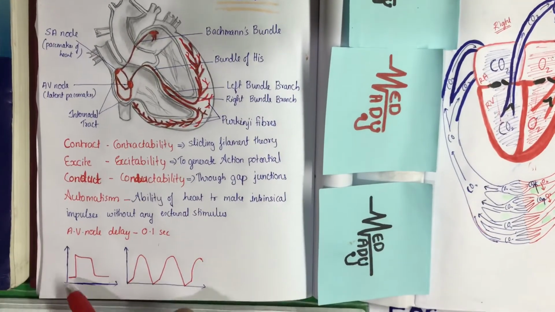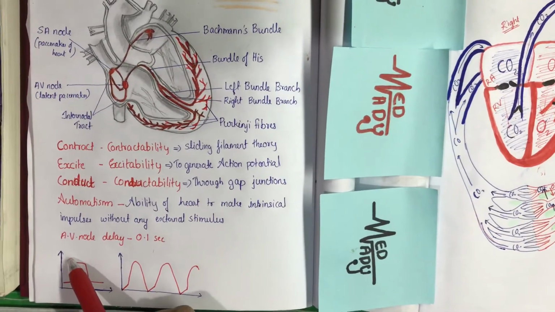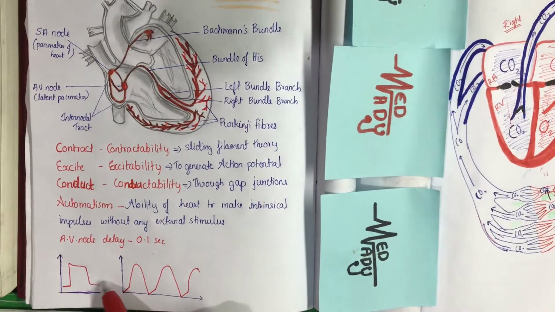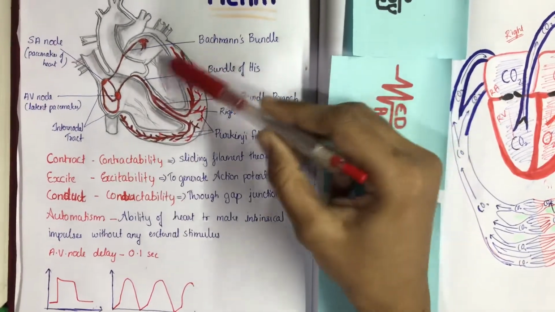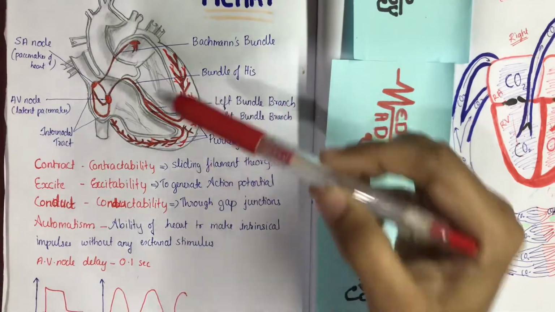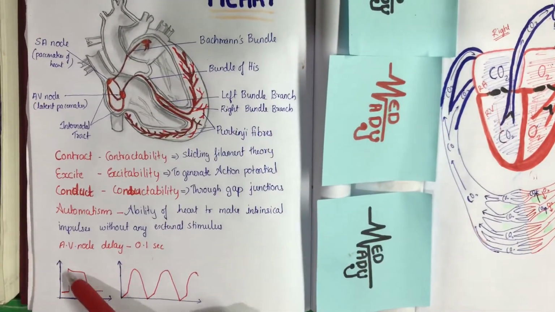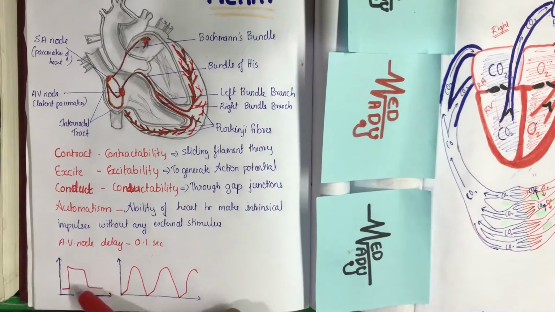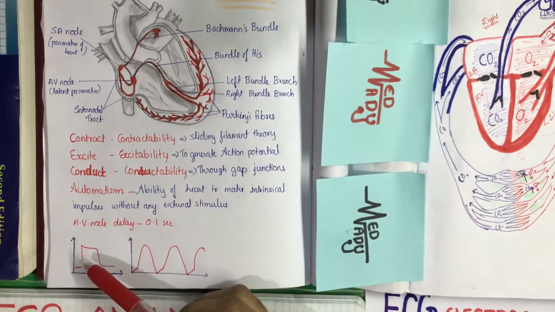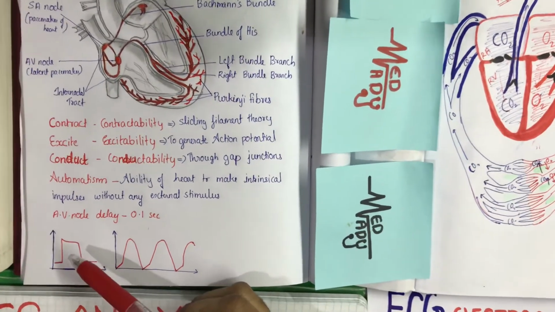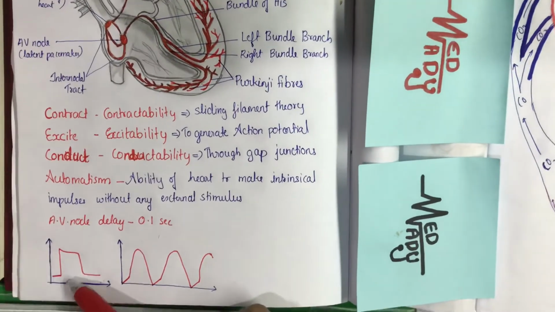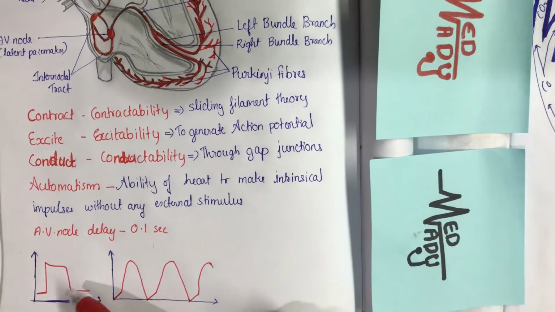Here we can see the graph of the action potential created by the typical myocytes, and we know that calcium is also involved in creating this action potential, and that calcium helps in the contraction of striated muscle.